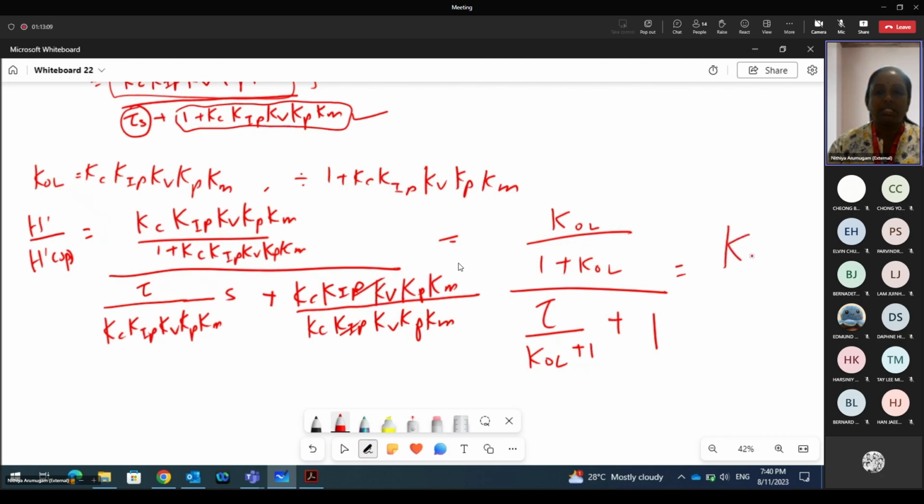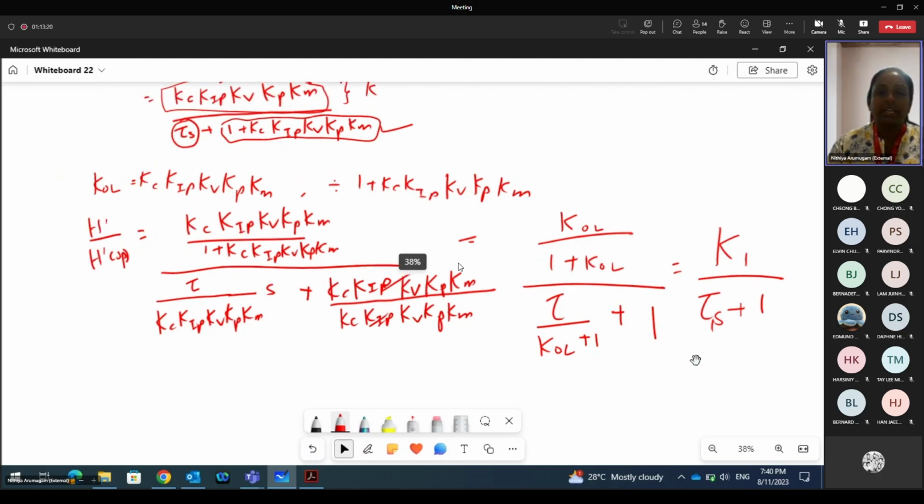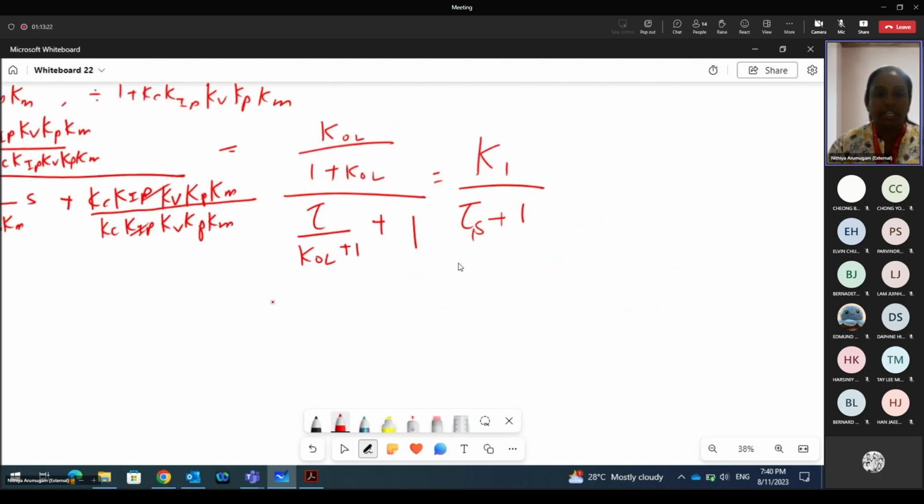Now if you notice, this is in terms of the standard transfer function for the open loop system. So from here we can tell K1 is actually KOL over 1 plus KOL, and tau 1 here is the reciprocal.